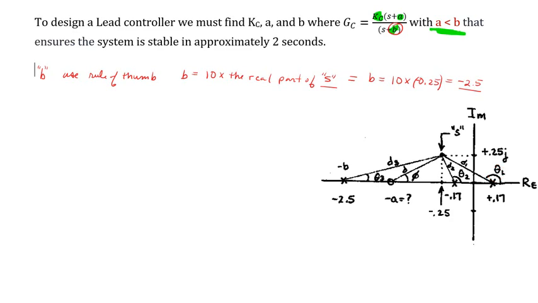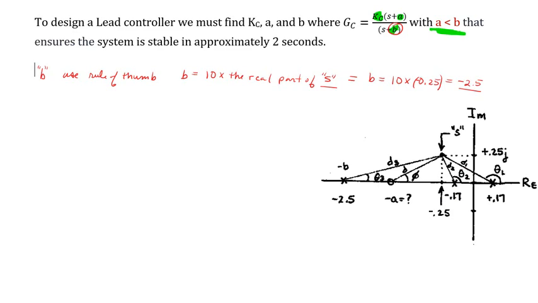Then we've got our second pole, and the angle that pole makes with the real axis we're going to call theta 2, and the distance from our pole to the point in question, S, is going to be labeled d2.